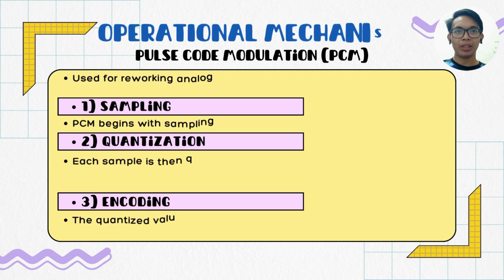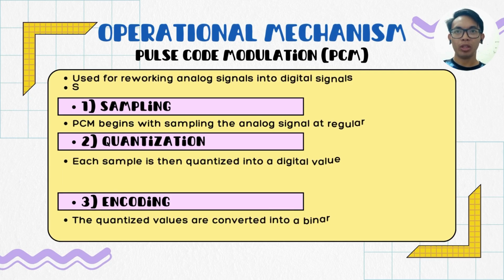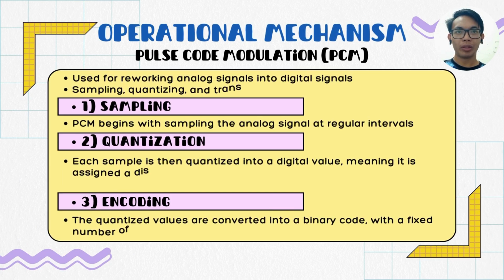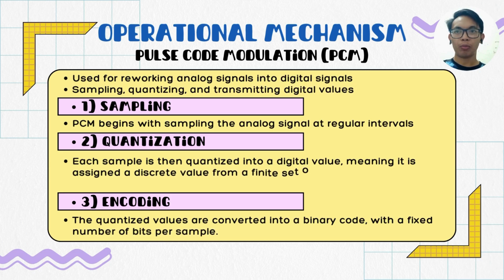For the operational mechanism, each modulation technique has its unique operational mechanism. For pulse code modulation, PCM is a technique used for converting analog signals into digital signals. It consists of sampling, quantizing, and transmitting digital values. PCM begins with sampling the analog signal at a regular interval.